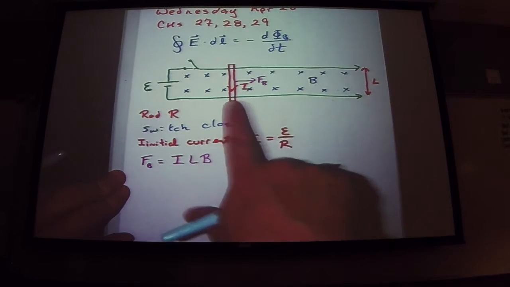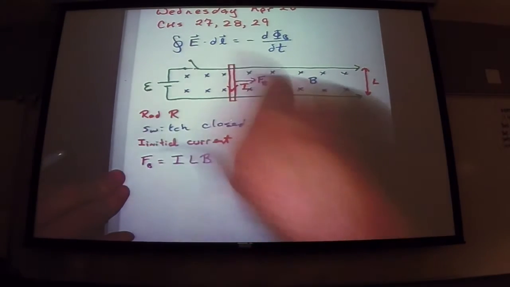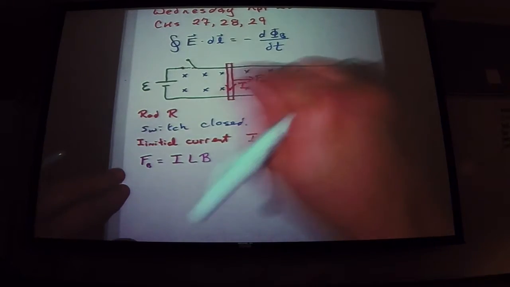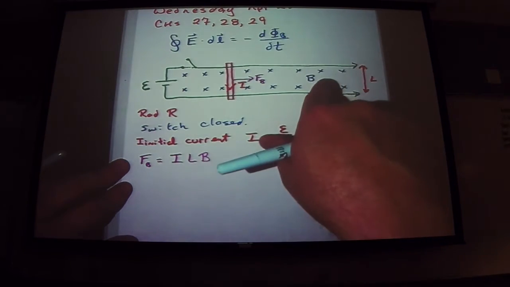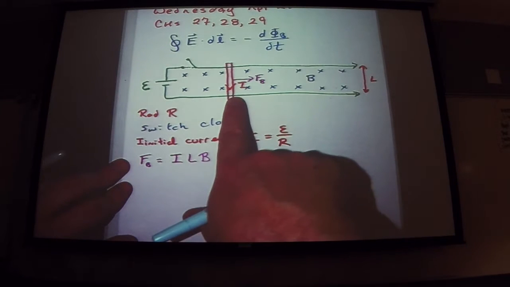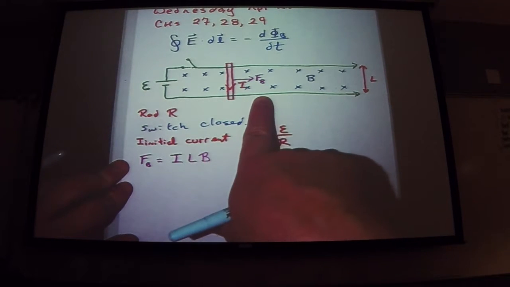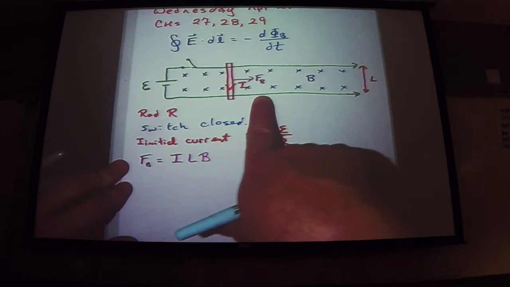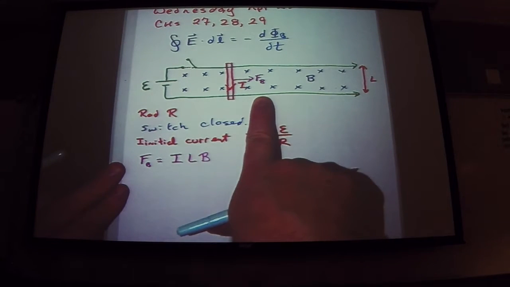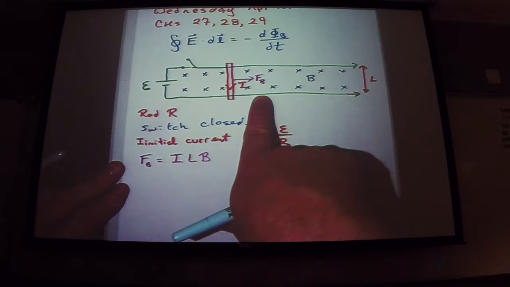As this moves, the area of the loop itself increases, which increases the amount of flux through it. The easiest way to tell is that now there's 6 x's. When it moves over here, there's going to be 8 x's going through it, so it increases the amount of flux.